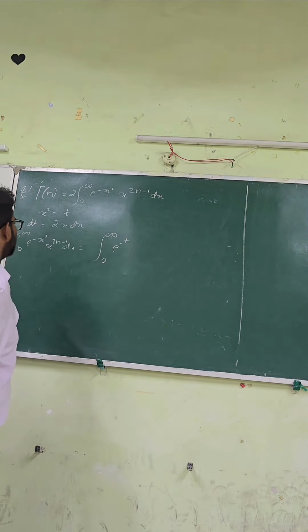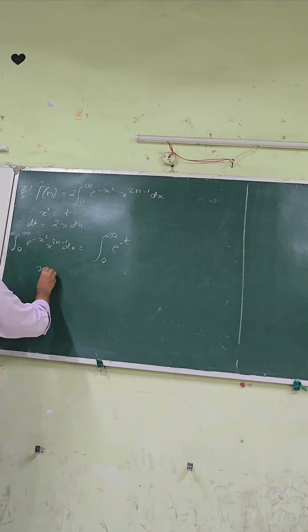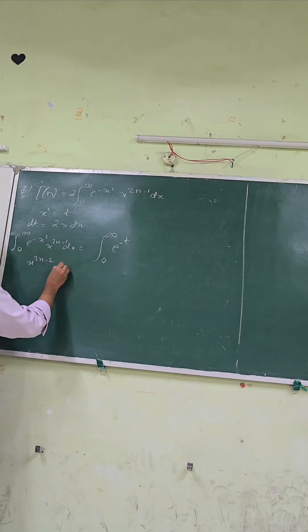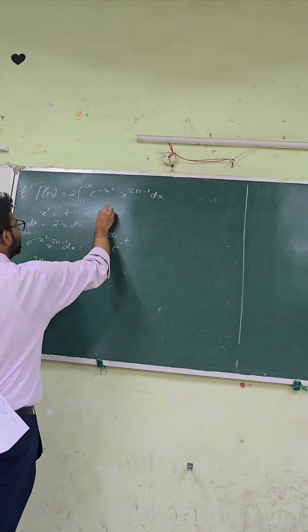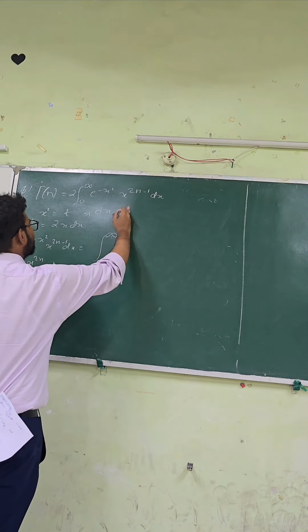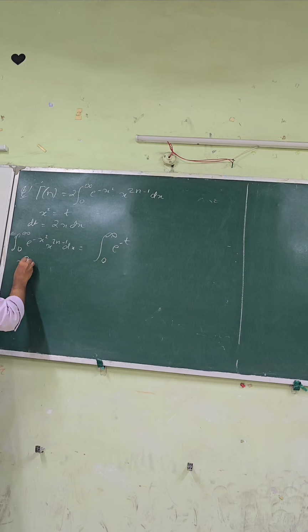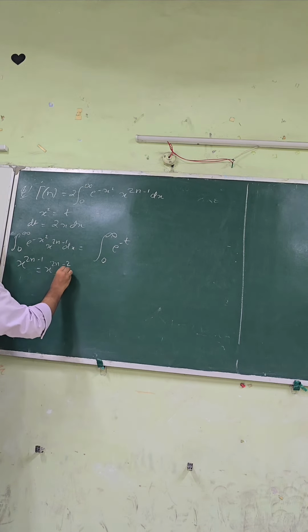So this is 0 to infinity, and it is e to the power negative t. And what is x over here right now? We can write x to the power 2n minus 1 as x to the power 2n minus 2 into x.